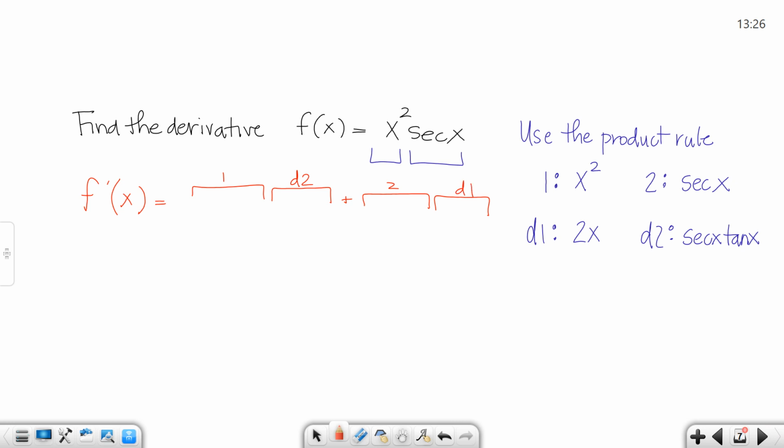Okay, so let's plug in the pieces. Function 1 times derivative of the second, function 2 times derivative of the first.